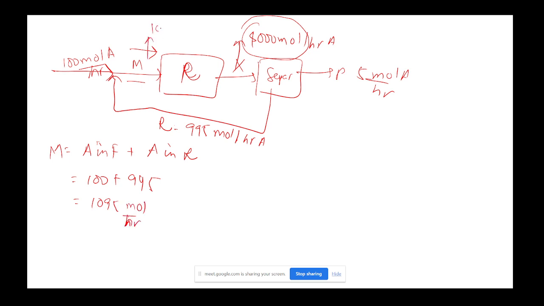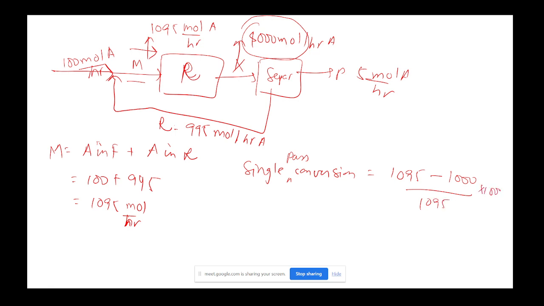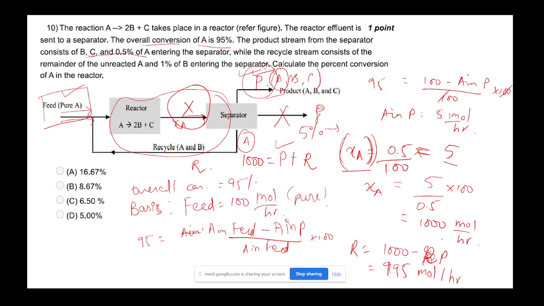So M contains 1095 moles per hour of A. So single pass conversion, or conversion of reactor, is nothing but 1095, which is moles fed into the reactor, minus moles coming out of the reactor, divided by moles fed into the reactor, 100. Sorry. So this will come out to be approximately 8.67, which is the answer.